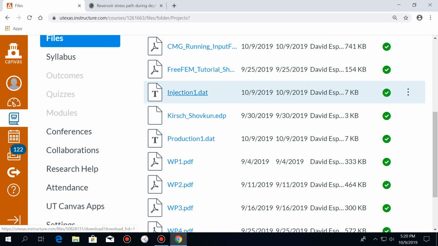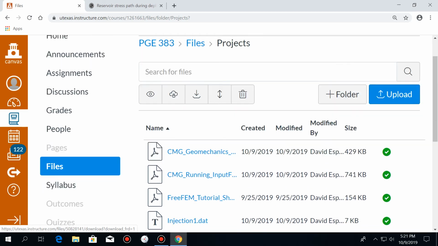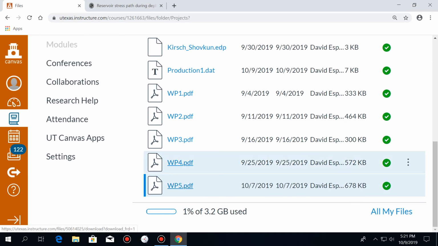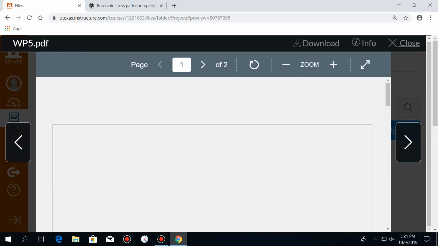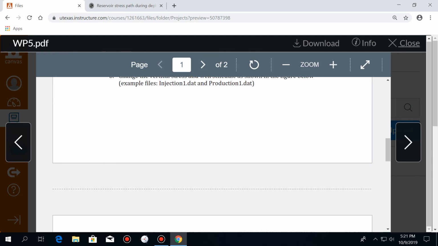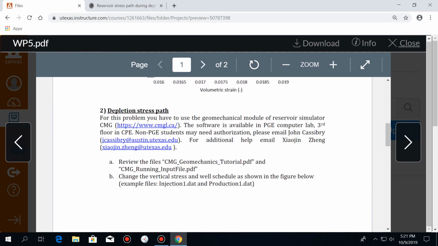For those of you that are not enrolled in this department, you need to send an email to John Cassibury, and the email is right here, and tell John that you need to log in to this computer lab, because we just have licenses in this lab.